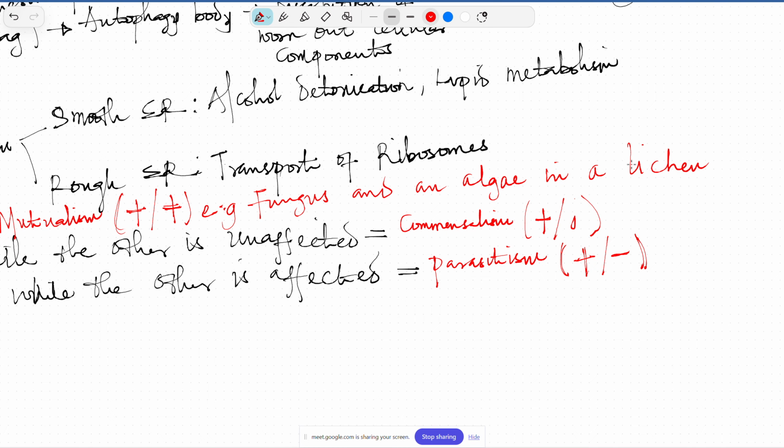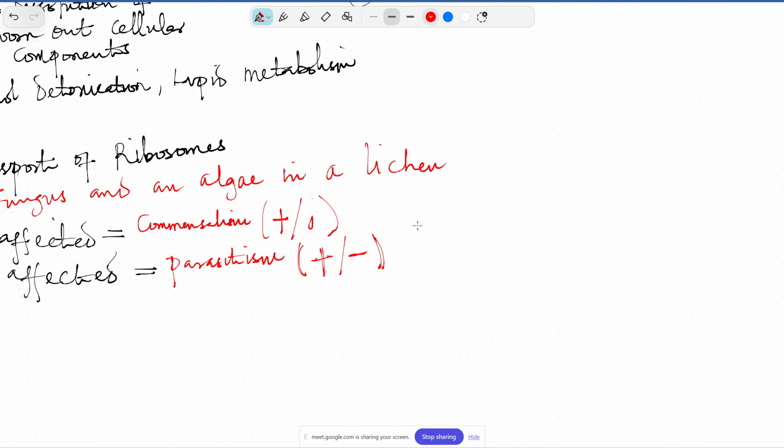You have many more examples, but you can check your textbooks for that. Another very common one is shark and remora fish.